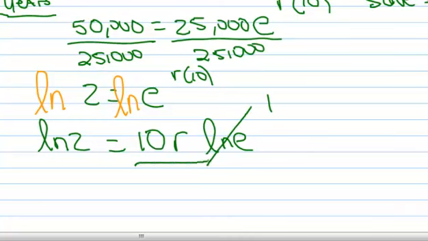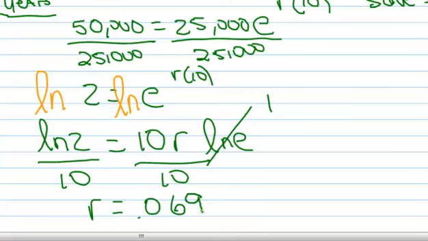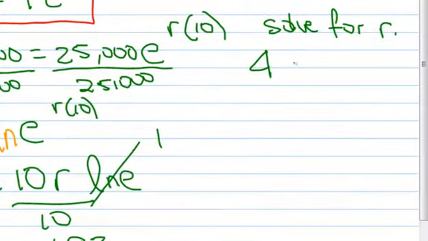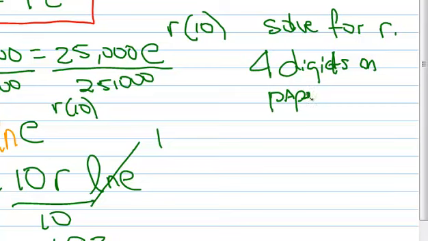And now I'm solving for R, so I'm going to divide both sides by 10. And when I divide by 10, that gives me R equals 0.0693. We always want to use 4 digits on paper.